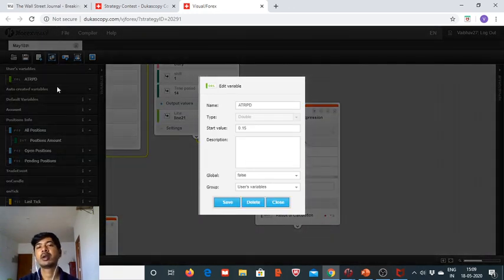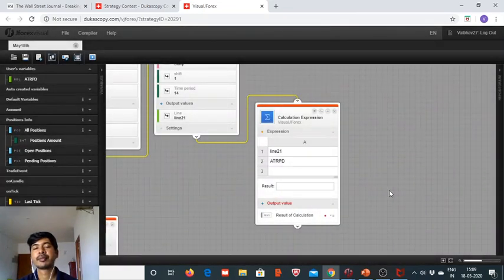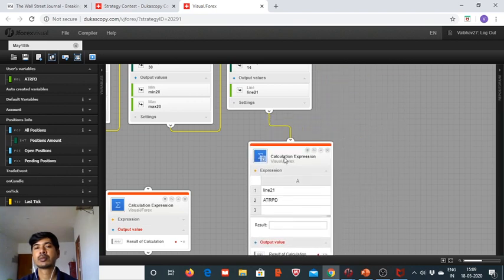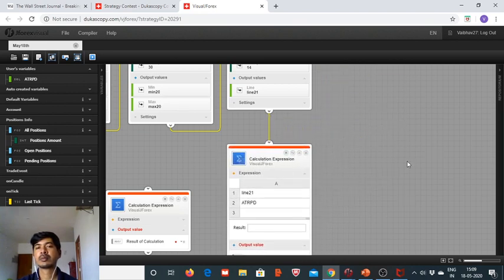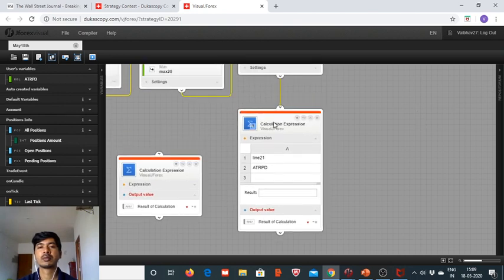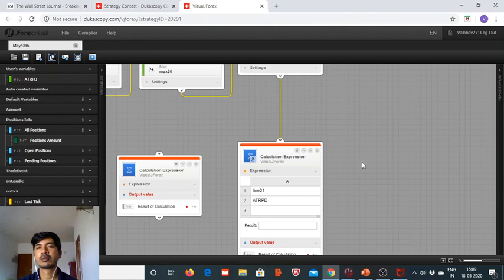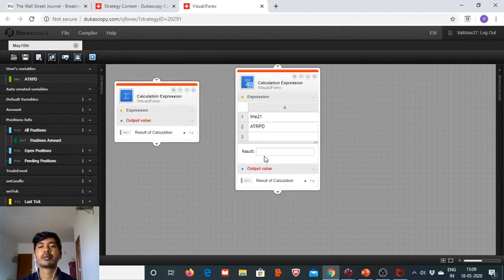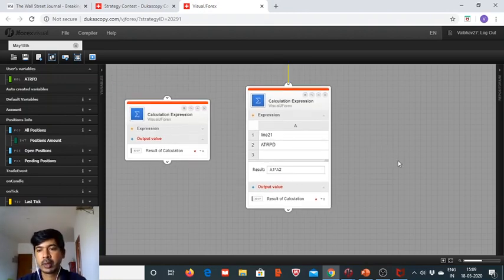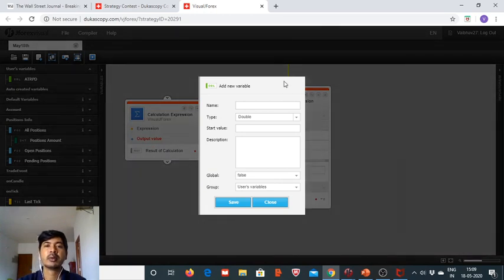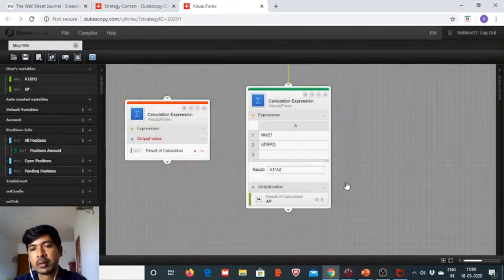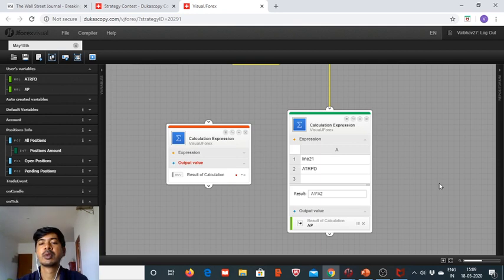Yes, it has been defined well. A1 into A2, and we get the ATR pip difference. Okay, so we got this.